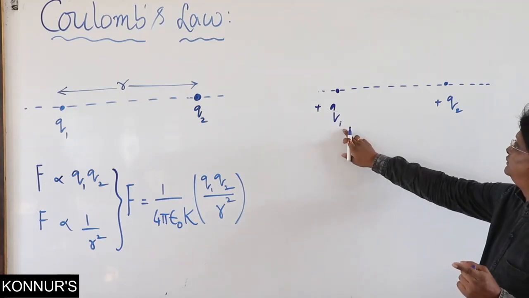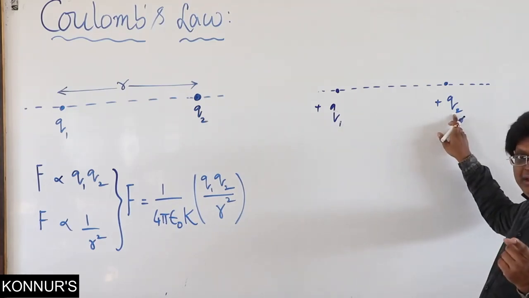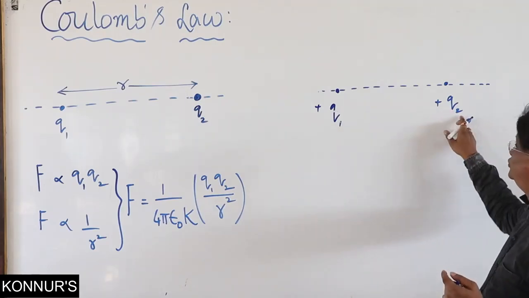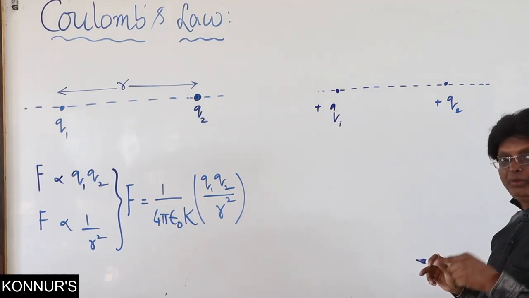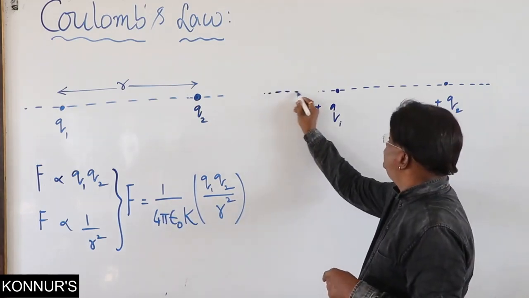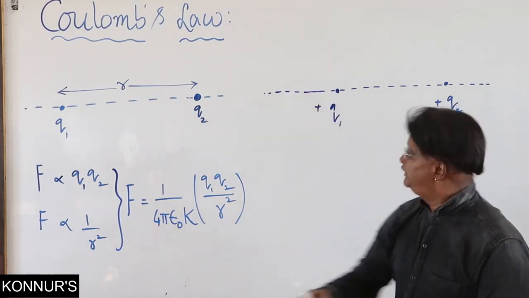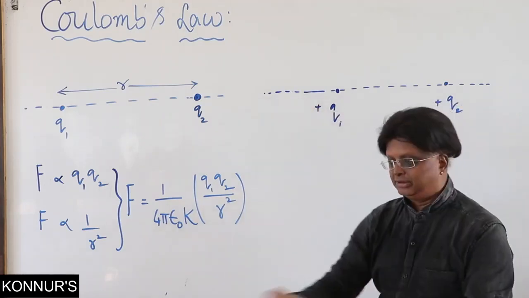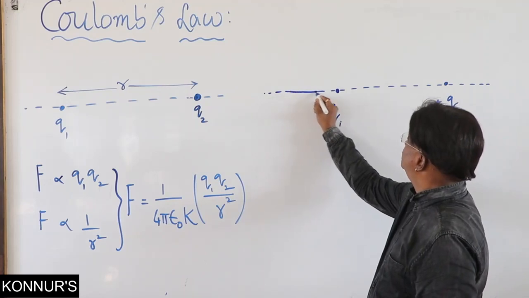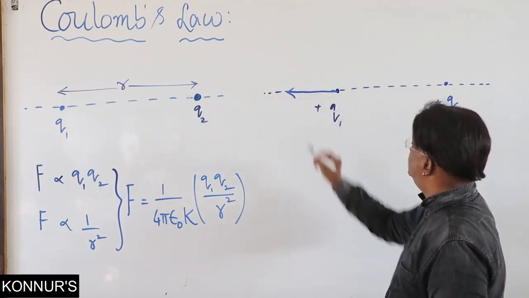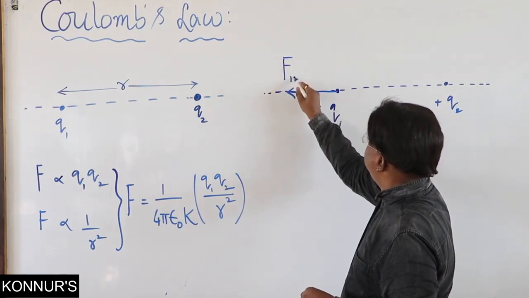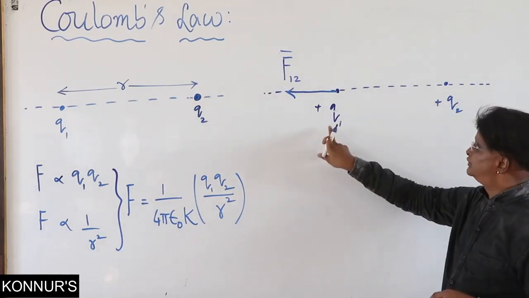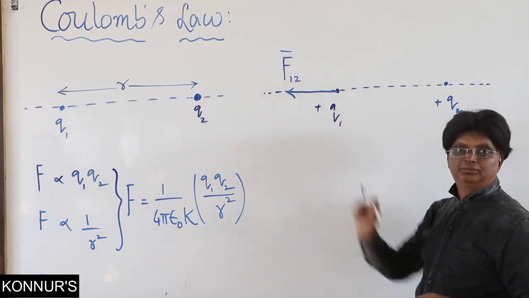Now, Q1 experiences repulsion. It is like charge, therefore it is a repulsion. Q1 experiences repulsion due to Q2. Therefore, how to draw that vector? Look here, this is the line joining the two charges. This is how I draw the vector. It may not be visible, as I am using the same blue color. Look here, this is the vector I have drawn, which I call F12 bar, the force on Q1 due to Q2.